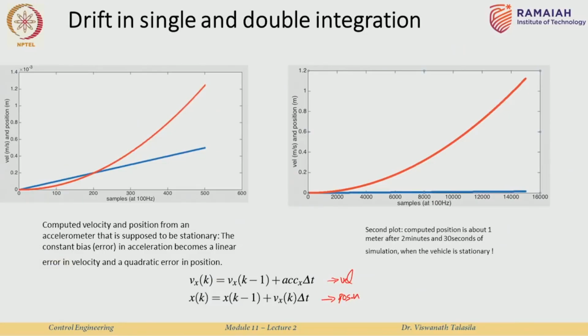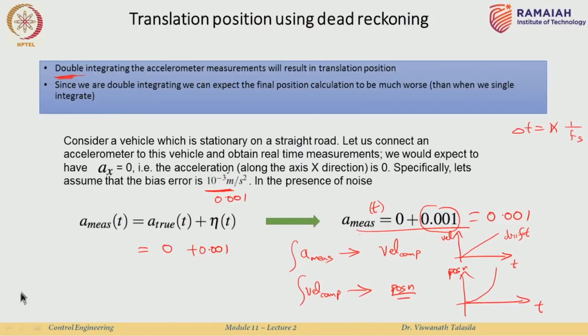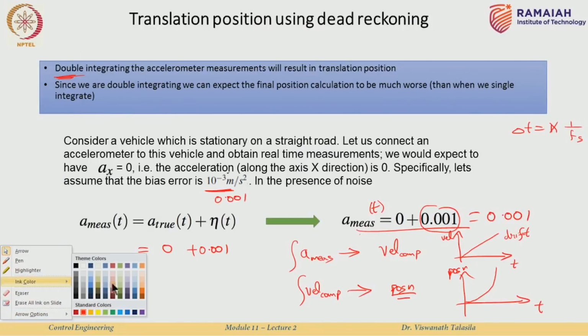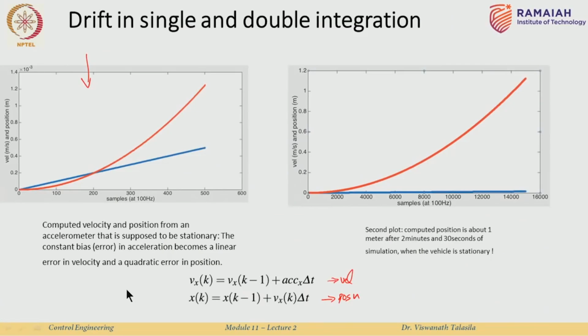In the first plot over here, this curve is the velocity curve, which you got by single integrating the accelerometer data. This curve is actually your position, which you got by once again integrating the velocity.